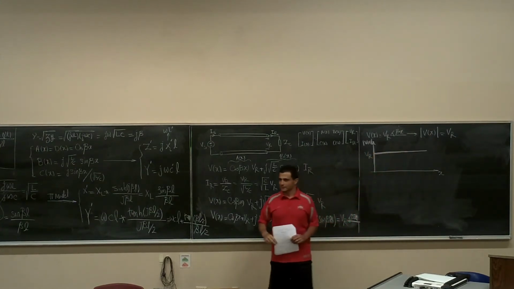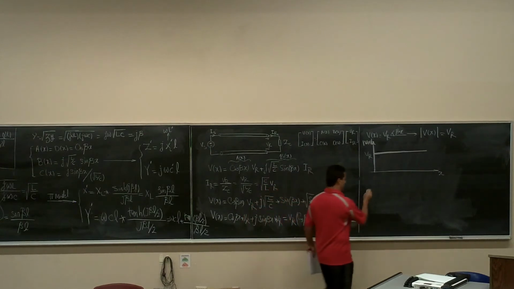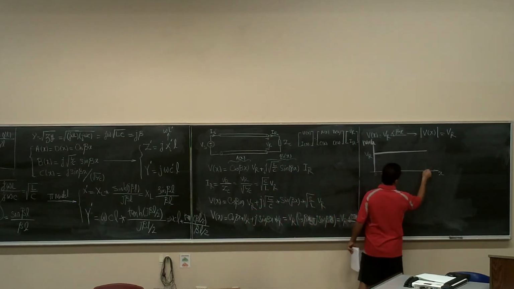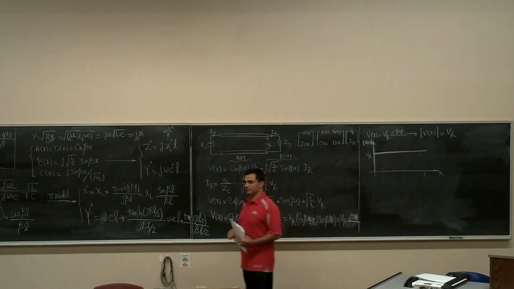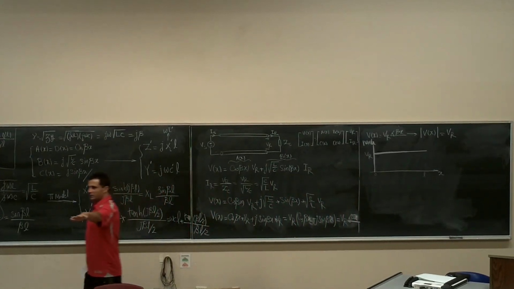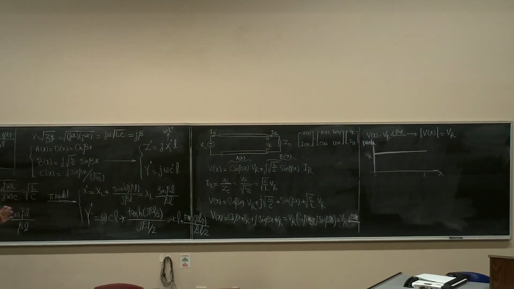From 0 to L, right? You think this is interesting? The voltage is flat, no drop. That's a kind of characteristic of this impedance. If you have this kind of impedance at the load, the voltage profile would be flat.